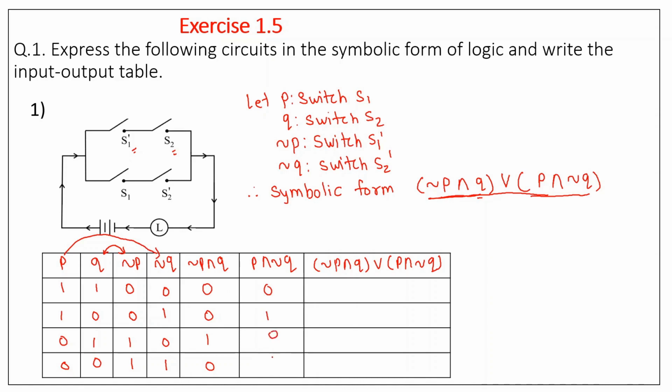So this will be 0, this will be 0. Now next, take these two which are in parallel. So when they are parallel, 0 0 is 0, otherwise it is 1. So this is our input output table.